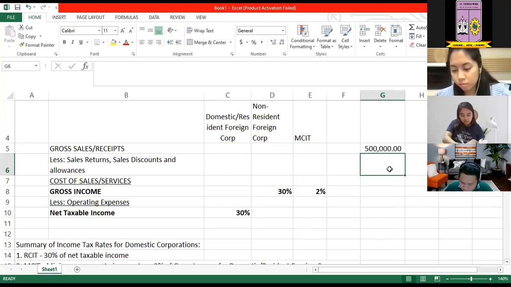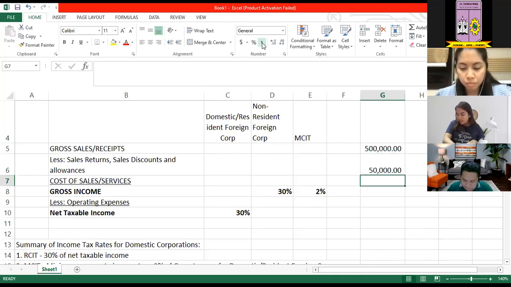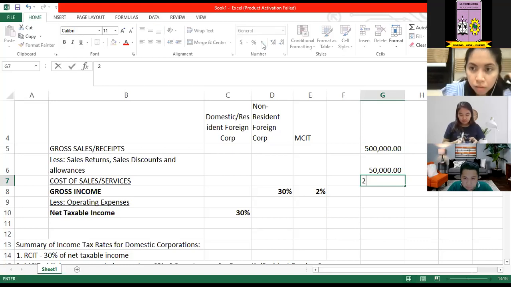So ngayon, let's say, 50,000 yung sira, worth of sira na goods. Naibalik, di ba? Ngayon yung cost of sales natin, let us say that is 50% of the gross sales. Okay? Kung 50% yan ng gross sales, mean to say, 250,000 yung cost of sales. Kunyari lang yan.